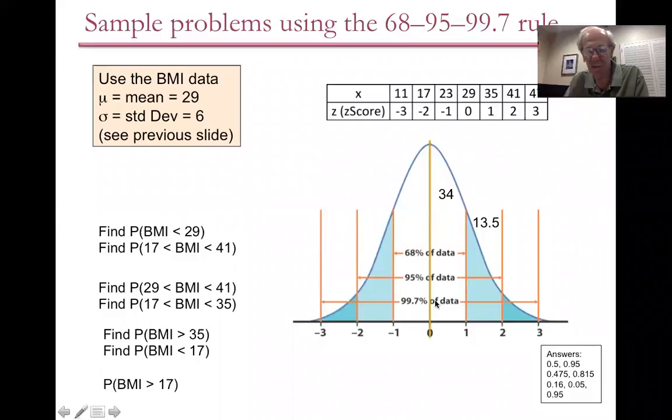Well, it's half of 99.7. Where's my calculator? 99.7. 0.7 divided by 2. That's 49.85. So this area is minus 13.5 minus 34, which is 2.35.